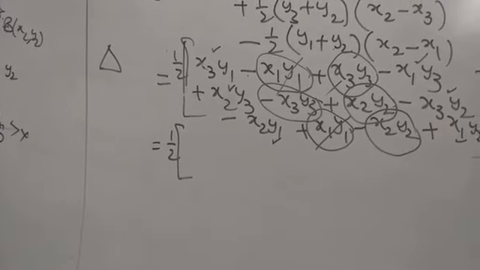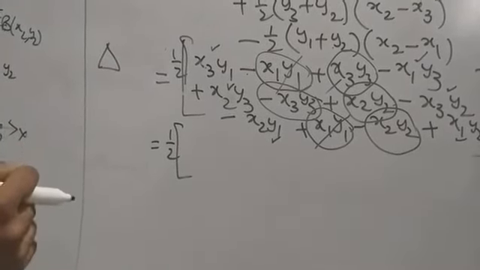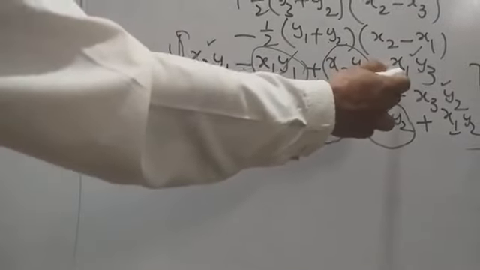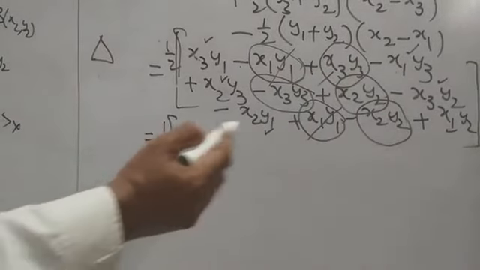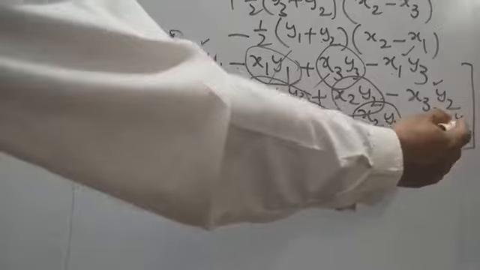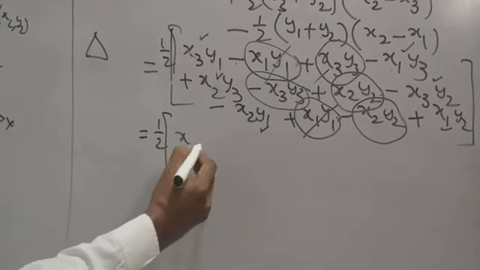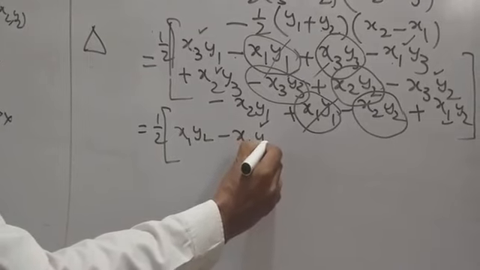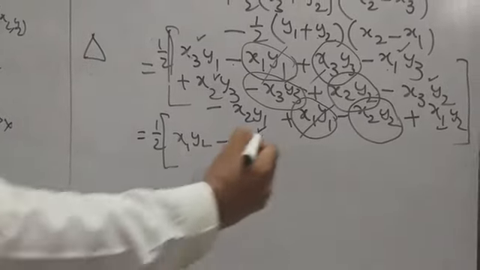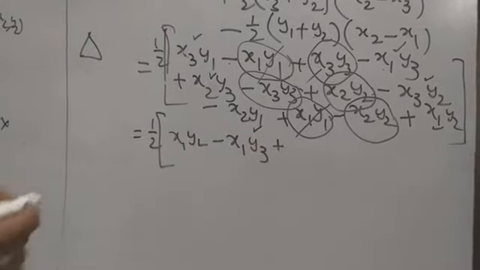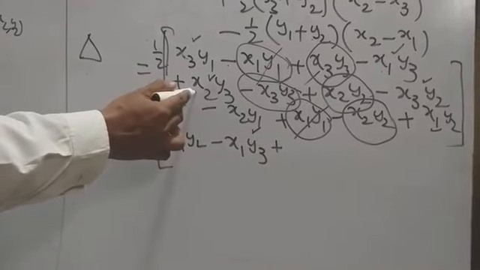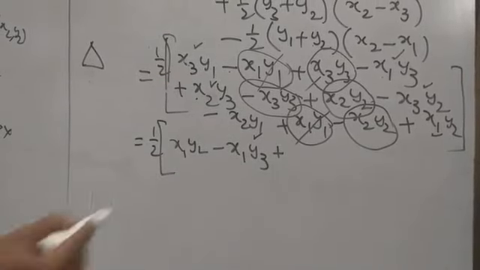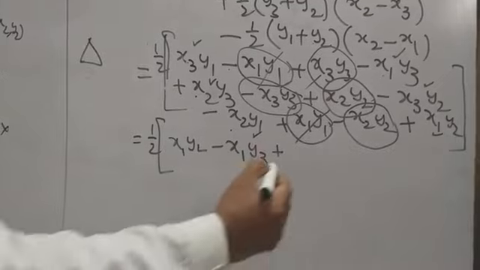That is, if you observe the x1, the remaining terms are having x1 here, x1 y3 minus, and here plus x1 y2. So among the two I will write first, x1 y2 minus x1 y3. In similar fashion, go for x2 terms. Here it is x2 y3 plus x2 y3 is there. Again below it is minus x2 y1 is there.